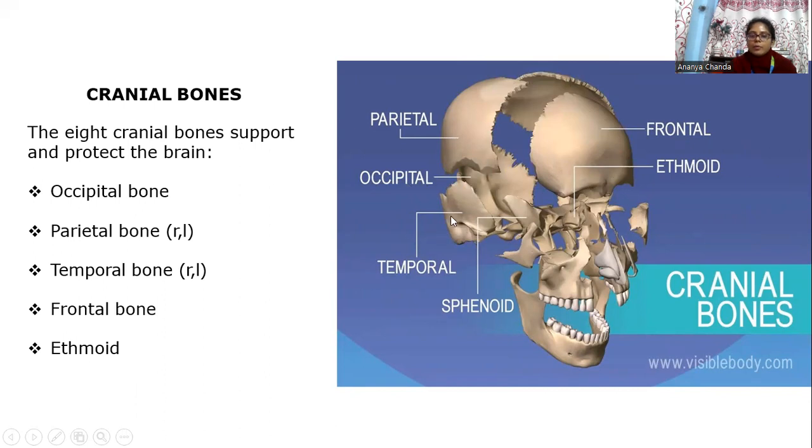Then comes the temporal bone present beneath the parietal bone. Then comes the sphenoid bone and then ethmoid bone. So these frontal, parietal, occipital, temporal bones are attached with a joint that is known as suture, and these are not movable in nature.